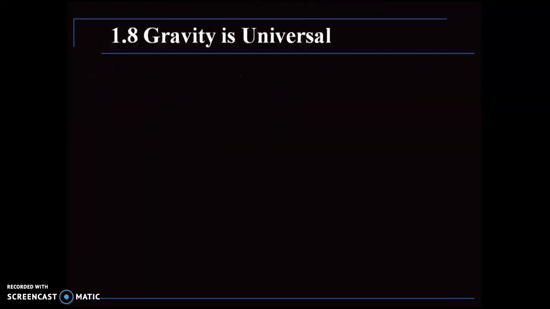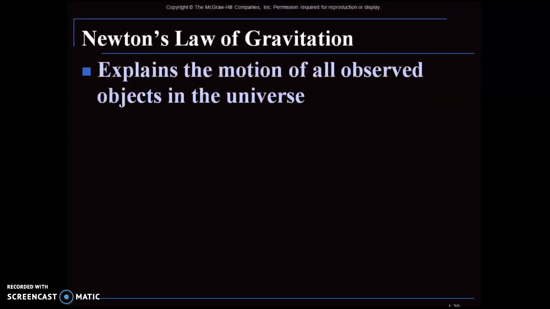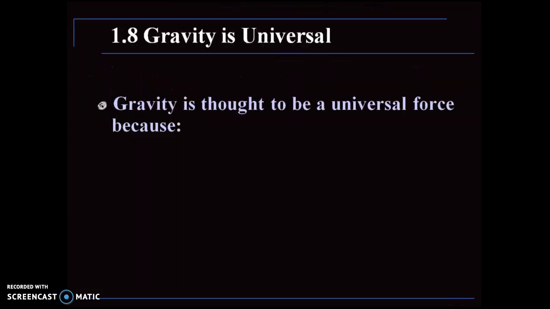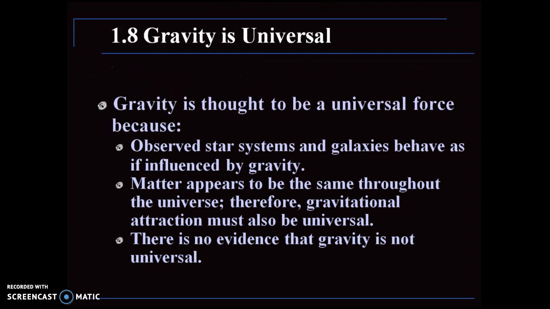Newton's law of gravitation explains the motion of all observed objects in the universe. Gravity is universal. Gravity is thought to be a universal force because the observed star systems and galaxies behave as if they are influenced by gravity.